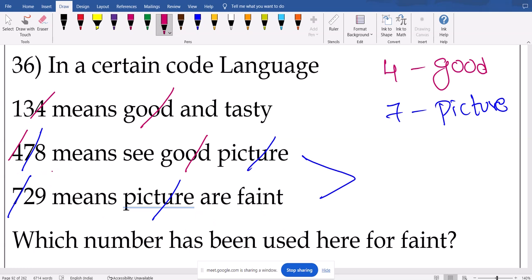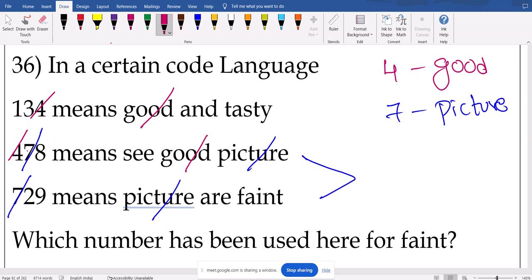Observe the position there also, dear. 4 is the last number in 134, but good is the first word. Position is not the same. So for faint, I cannot say. It can be either 2 or 9. Don't say 9 fixed. Here, positions, okay, last one fine. But what about the second one also? 8 is the last number, but the last word is picture.